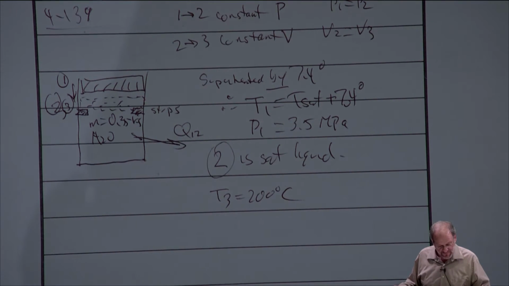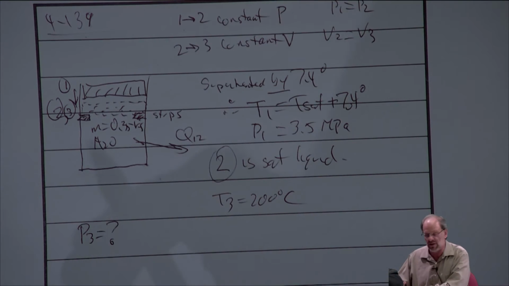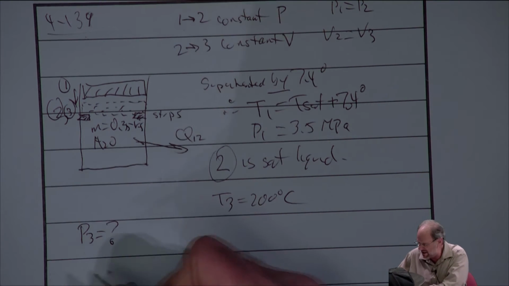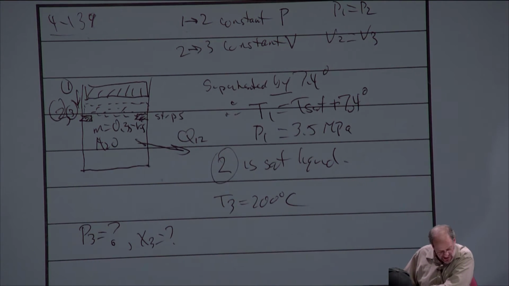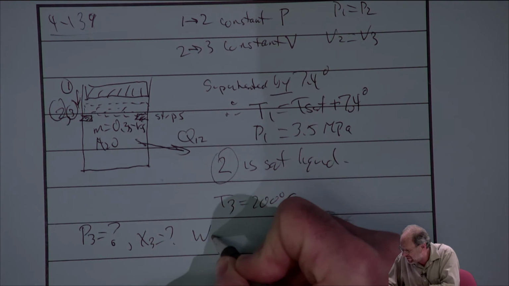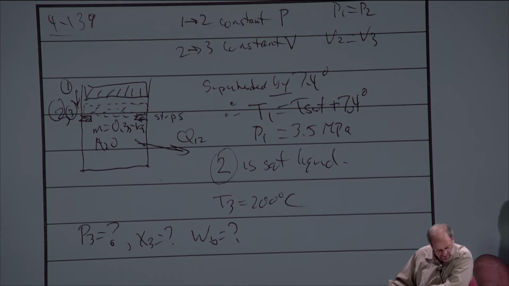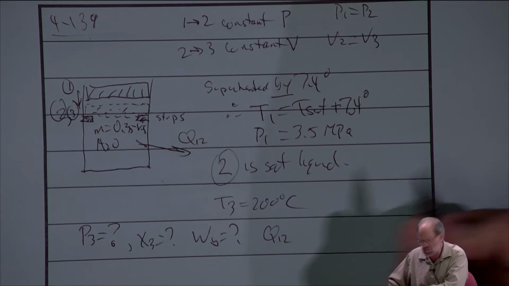All right. Okay, so what are we trying to find? We're trying to find the final pressure and the final quality if it's a mixture. And let's keep in mind that the final is 0.3, not 0.2, right? And then we also would note that we're trying to find the quality if indeed it's a two-phase mixture. It also asks us to find the boundary work. It also asks us to find the amount of heat transfer when the piston first hits the stops. So that's really Q12.